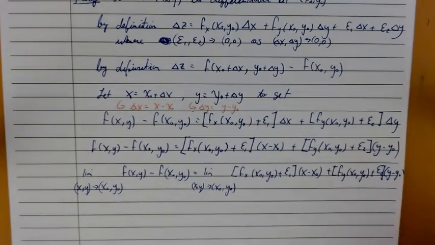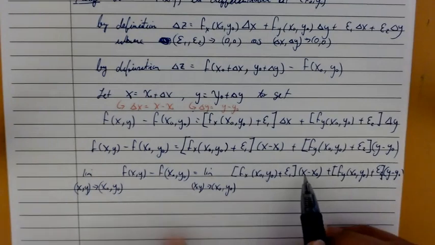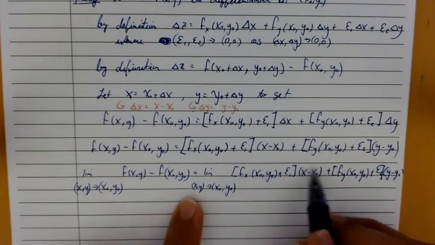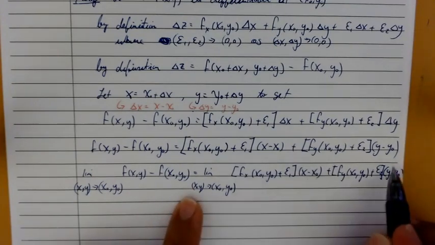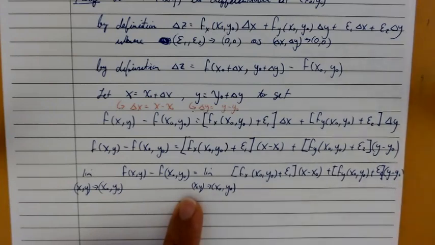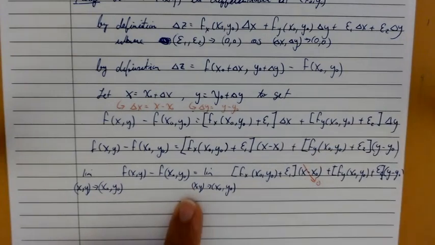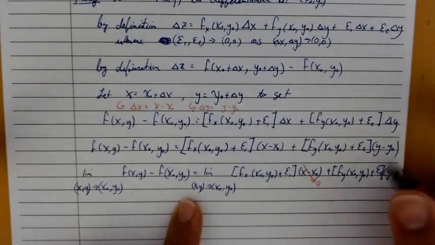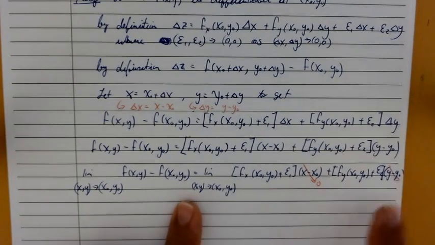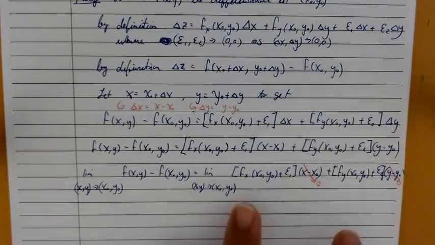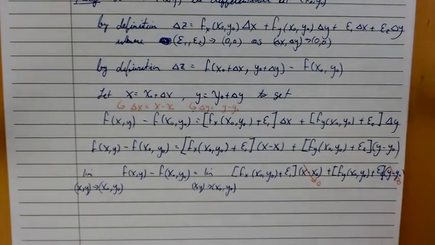But notice what happens. As x approaches x naught and y approaches y naught, hey look, this is going to 0. And this is going to 0. So this will go to 0. Anything times 0 will be 0. And this will go to 0. And again, anything times 0 is equal to 0. So you're going to get 0 plus 0 is equal to 0.